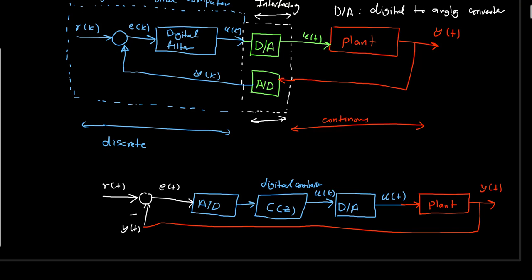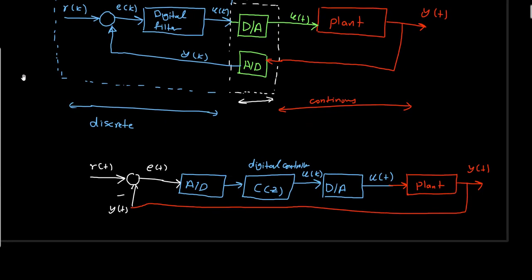Now, if you recall here, as we said that E of t, R of t, Y of t are continuous time signals, which means that it's known all the time, while E of k, for example, this is E of k, and U of k is only known at certain time instant. So discrete time systems arise if the system involves a sampling operation of a continuous time system.